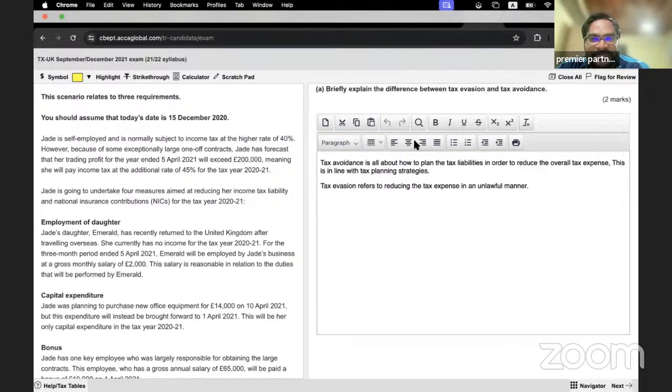This is the past papers portal ACCA. You guys know how to log in, right? Not the alternative login.